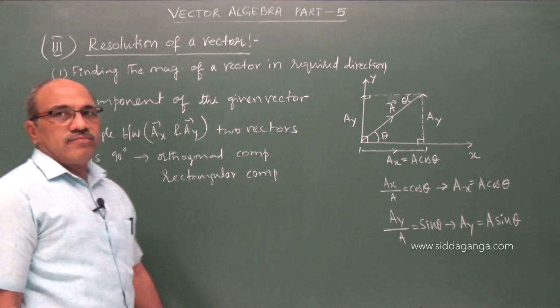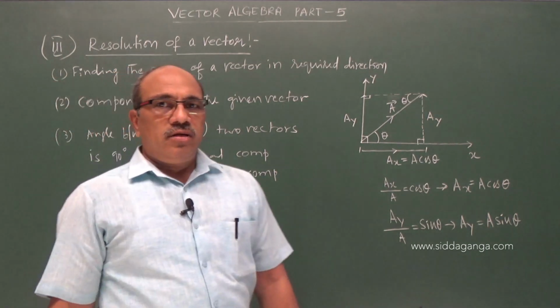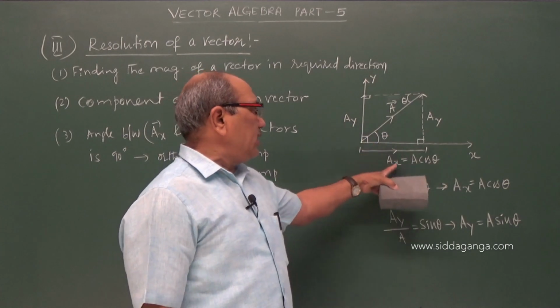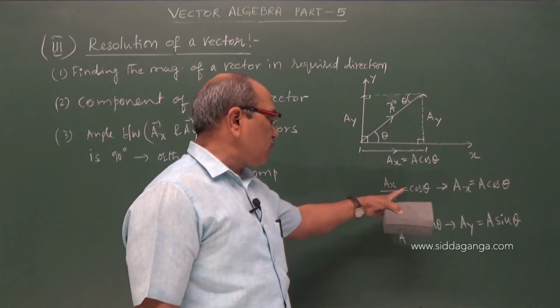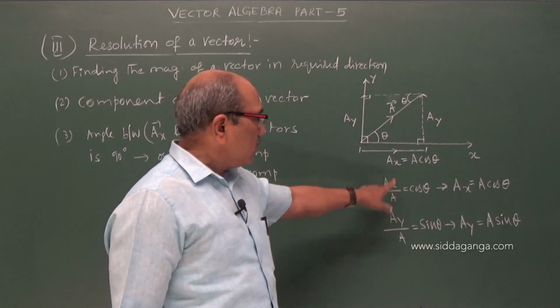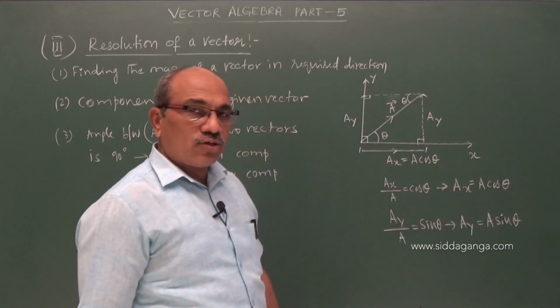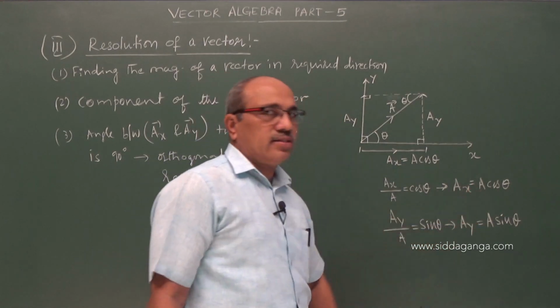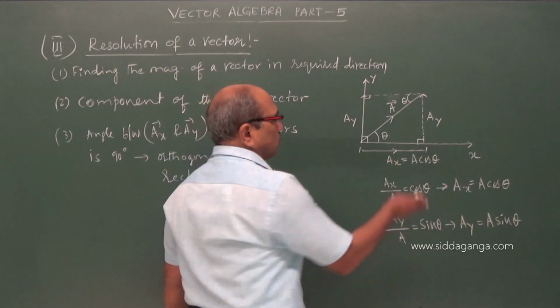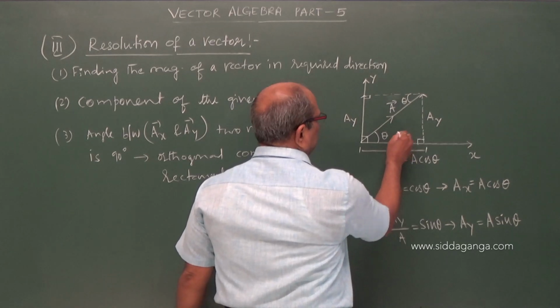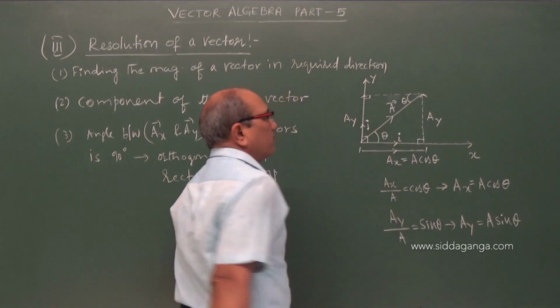So in detail, we come to know AY and AX. The component of the vector along x direction is A cos theta, and along y is A sin theta. And you also come to know the unit vectors, along x it is i, along y it is j.